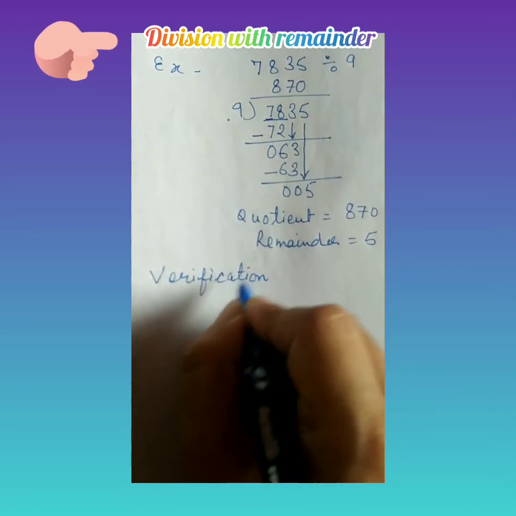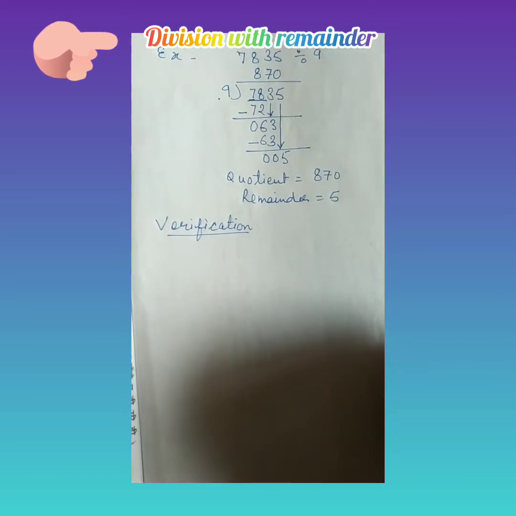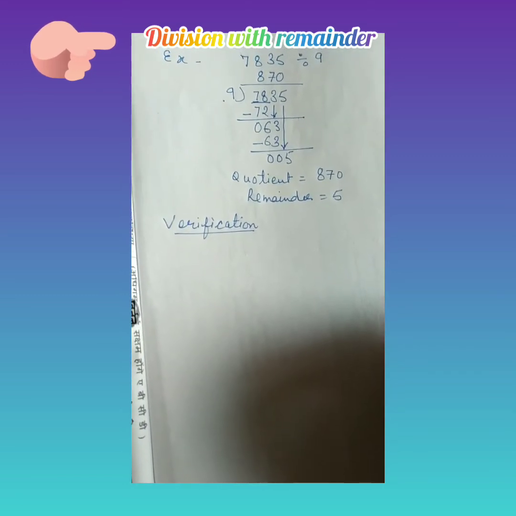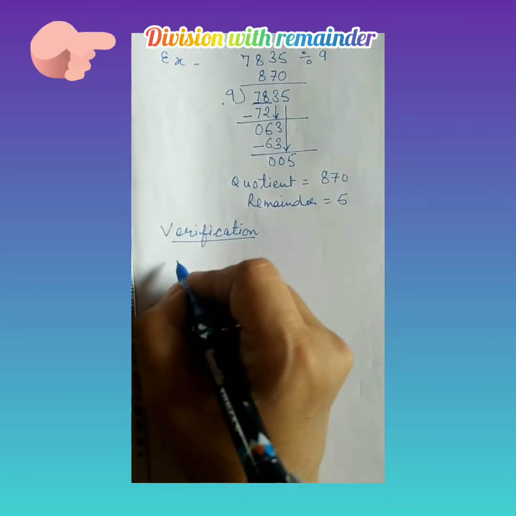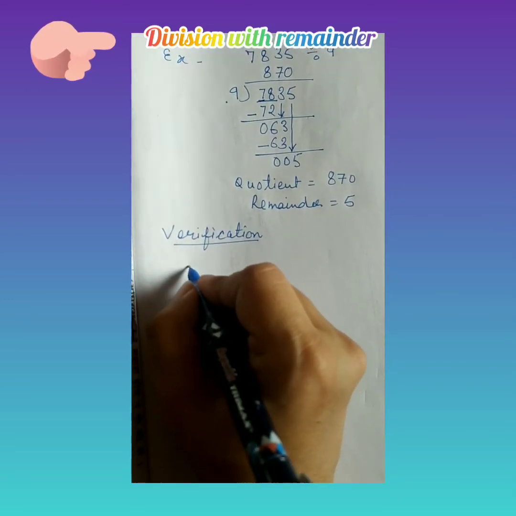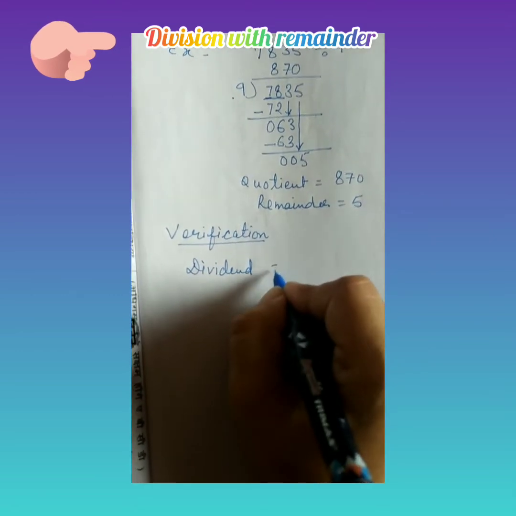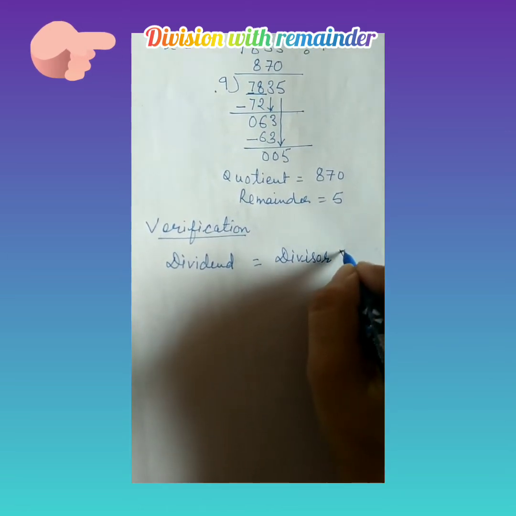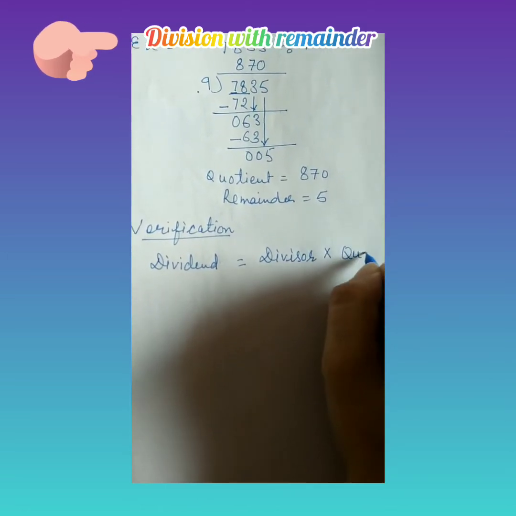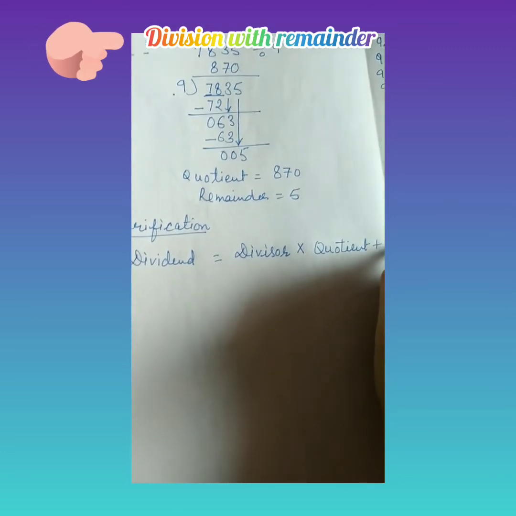We can check our answer ourselves. Okay? You can check whether you have done it right or wrong. So, what was the formula? The formula was dividend is equal to divisor multiply by quotient plus remainder.